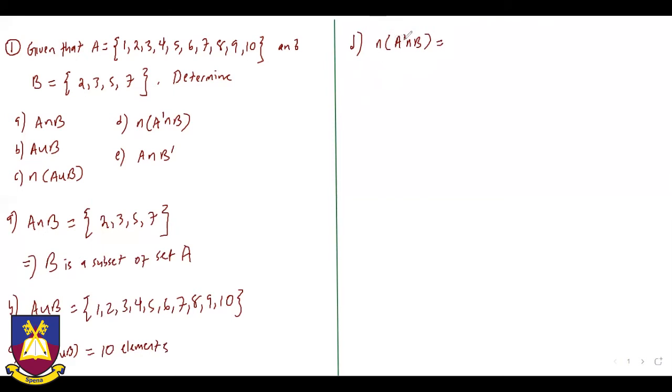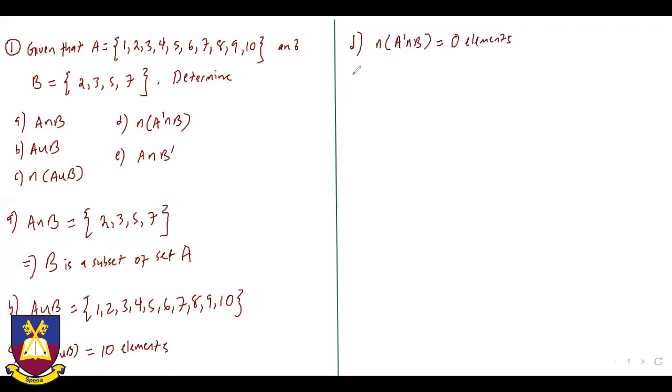So we want those elements that are not members of A, but they are members of B. But we've seen already that every element in B is also in A. So the set of elements that are not in A but in B is empty. There are no elements that are only in B. Every element in B is also in A. So the number is 0. We have 0 elements.